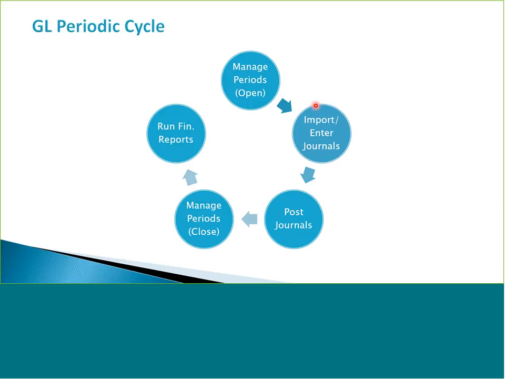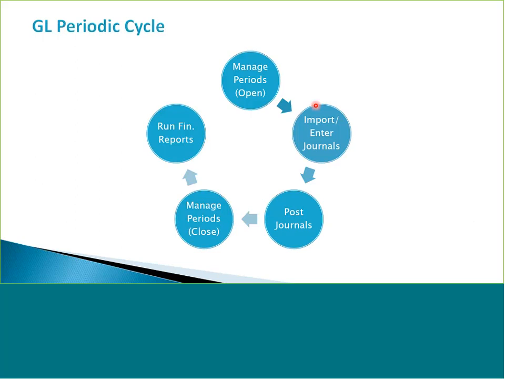So it shows how information is managed in the general ledger, or how it goes into the ledger and how it ends up as financial reports, because we said the financial reports are the main purpose for the general ledger module.